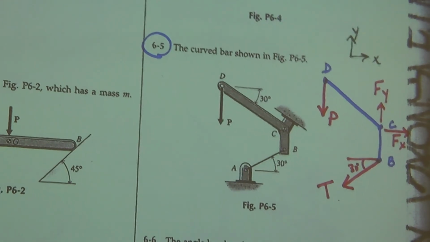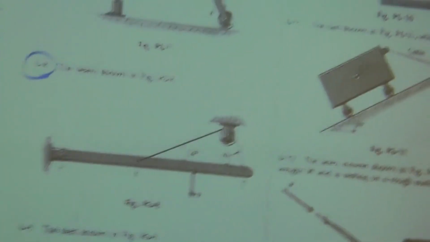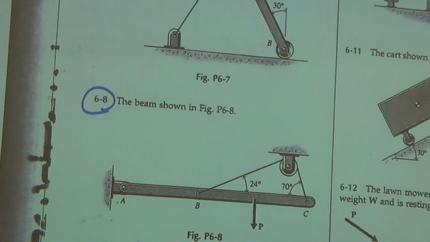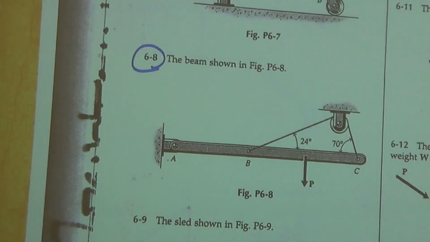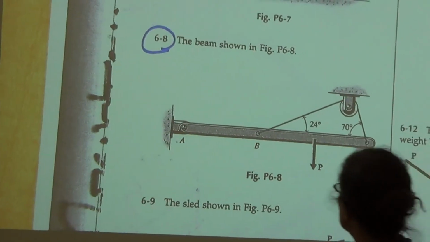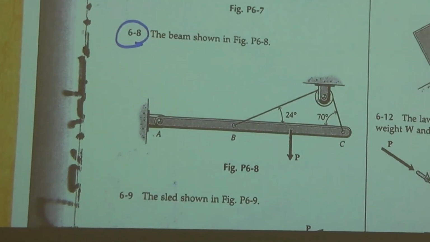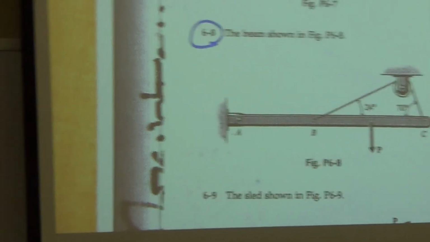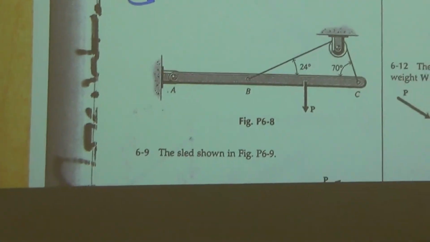Okay, so we're up to the next one now. The next one we're going to do is 8. So I want you to work with the person next to you and draw the free body diagram of the beam. Okay, you should be able to do this in less than a minute.